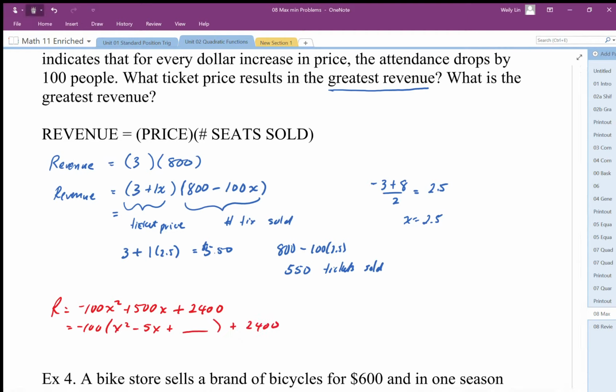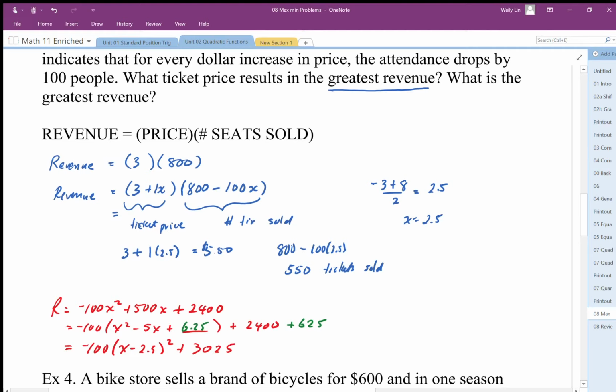Completing the square, I'm going to take half of 5 and square it, which is 6.25. I balance that with positive 6.25, so 625 inside. Since that's -100 groups, I'm going to add 625. I end up with negative 100 times (x minus 2.5) squared plus $3,025.